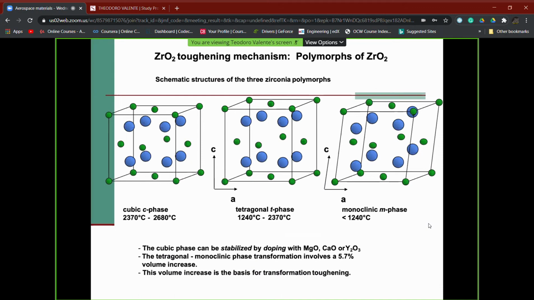And we can solve this by alloying zirconia with other oxides, which are, for example, as they are listed here, magnesium oxide, calcium oxide, or yttria oxide. There are also other solutions like hafnium oxide, for example.